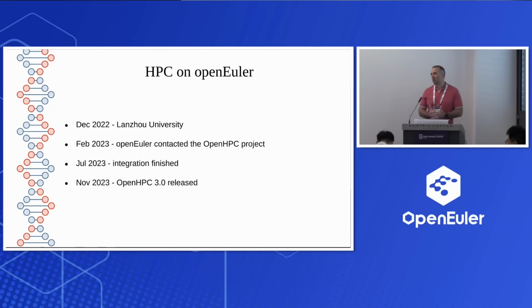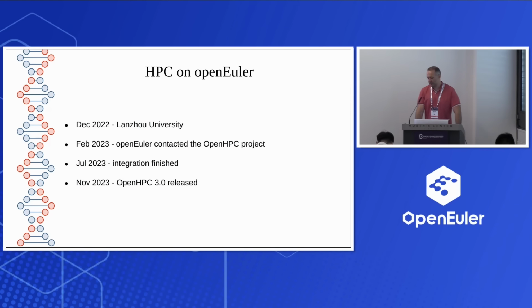We faced some obstacles when doing the task. Some tests were failing. We had to investigate why. Most of the time it was mostly because there were missing dependencies. That is, openEuler package repository didn't provide some dependencies, so we had to add them. Some of them are added now in the official repository. You can just use DNF install and install them.